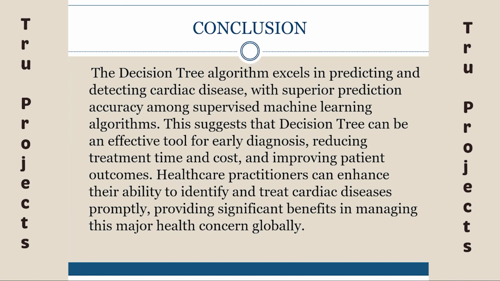By utilizing machine learning methods, particularly decision tree in predicting cardiac illness, healthcare practitioners can enhance their ability to identify and treat cardiac diseases promptly, offering significant benefits to people worldwide in managing their health and concern.